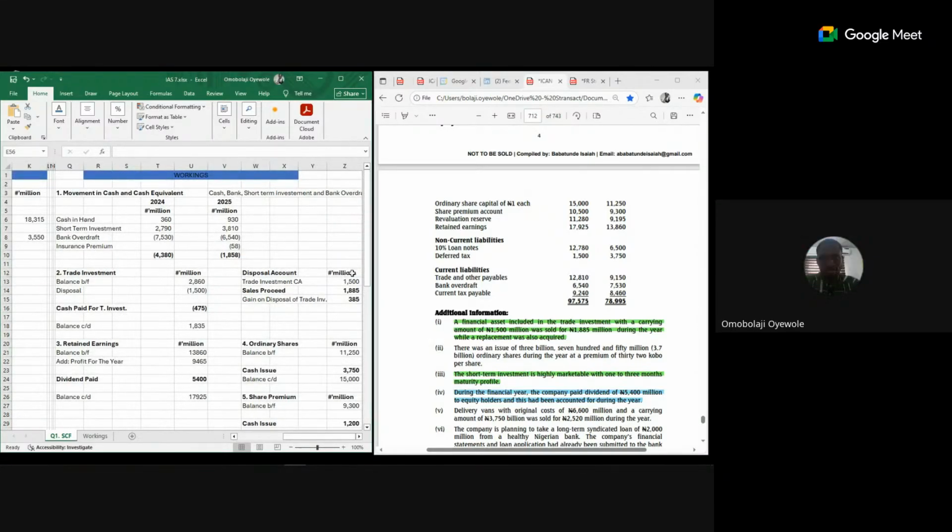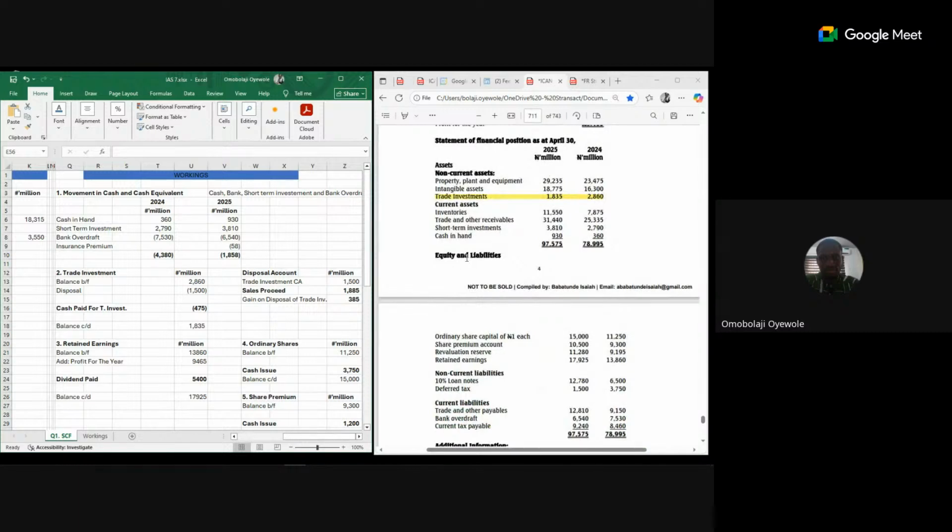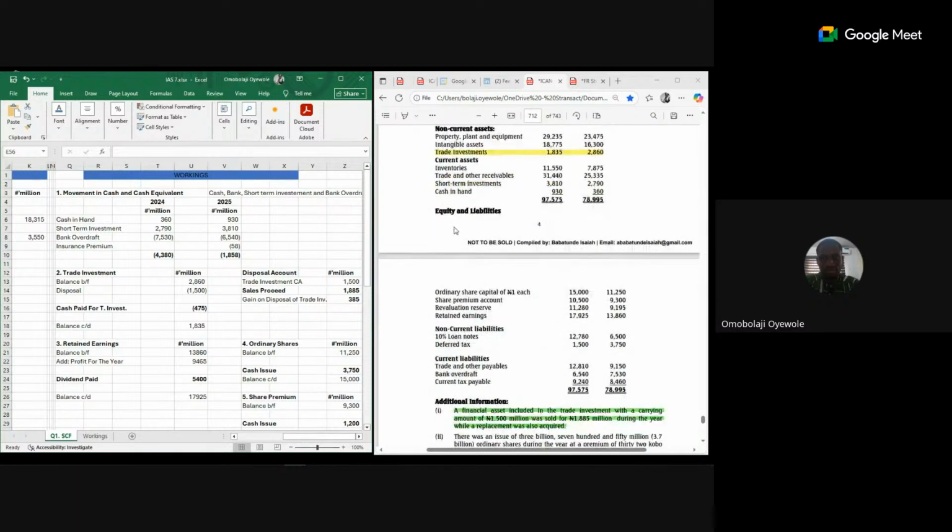So you can see the ones we are dealing with now, I'm highlighting them. We have dealt with this cash in hand. This short-term investment, we have dealt with it. So the thing is, there's no one-way traffic.